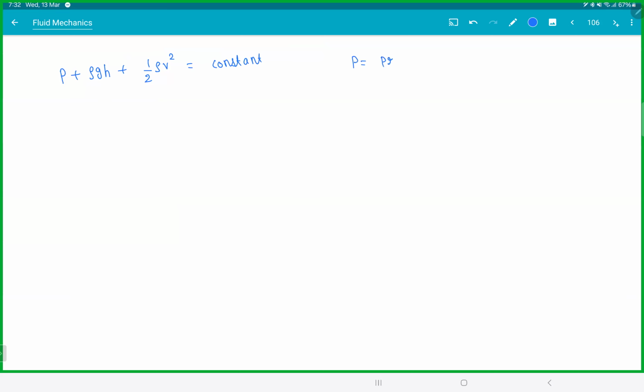P is the pressure at a point. H is the height of the point above the reference. V is the velocity at that point.